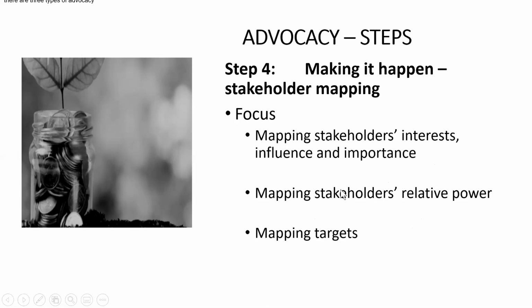So your focus would be on mapping your stakeholders' interests, their influence, and their importance, as well as knowing their relative power. Because sometimes to reach decision makers, you may not have direct access. So you may need to know who actually influences the decision makers.